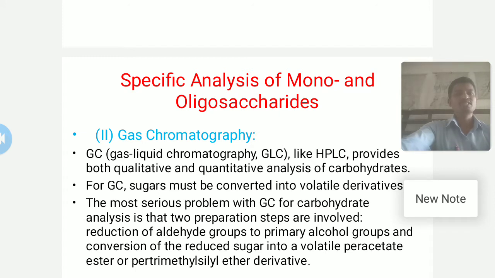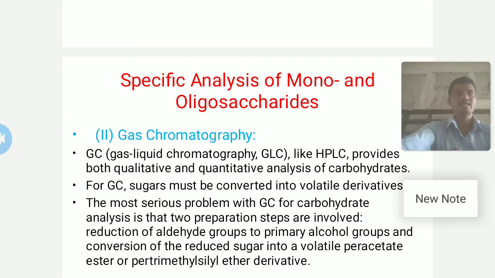But the problem of GC is that two preparation steps are involved, not separation. First one is the reduction of aldehyde groups into primary alcohol groups.